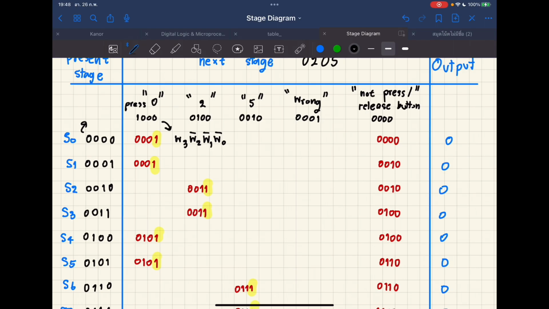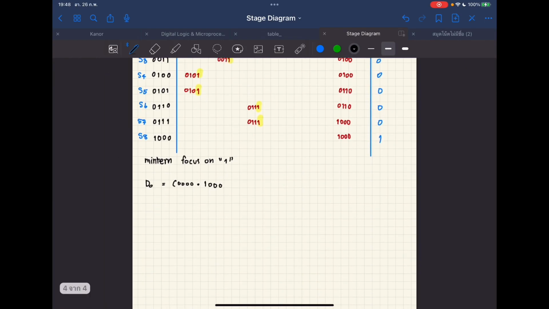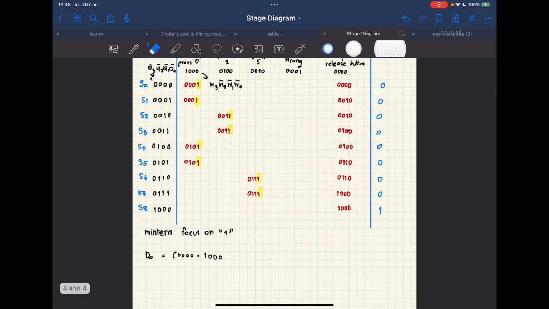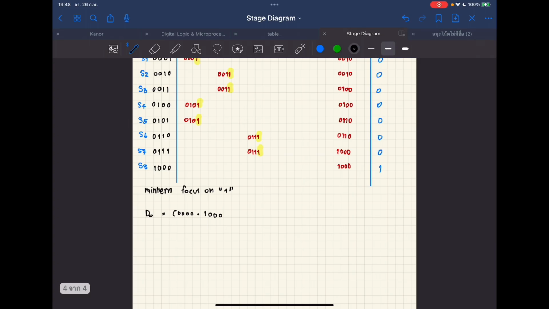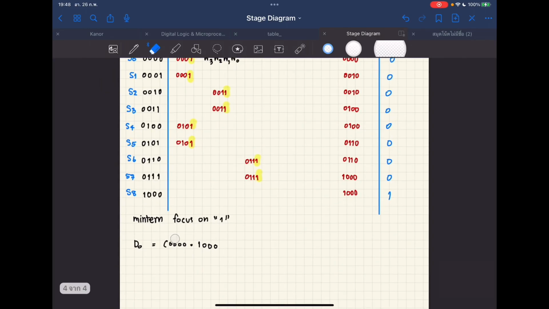And this one is the stage, the output of the flip-flop. So we're going to transform this into an equation like this.